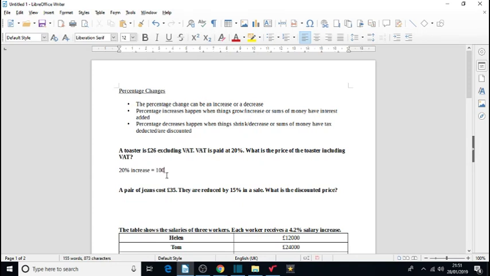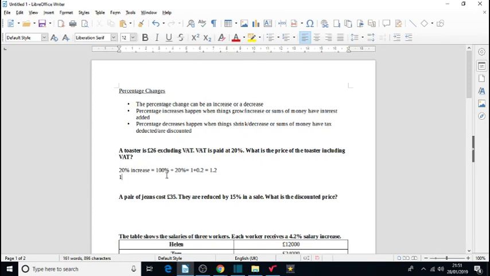So that would be 100% plus 20%, which is equal to 120%, which is the same as writing 1 plus 0.2, which is equal to 1.2. So therefore, 1.2 is your multiplier. This is what I mean by percentage increase has a multiplier greater than 1, because 1.2 is greater than 1, making it a percentage increase.